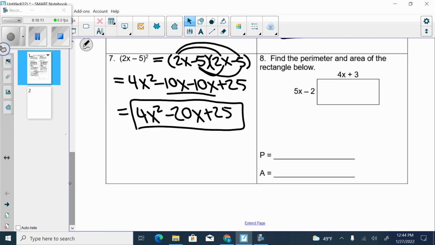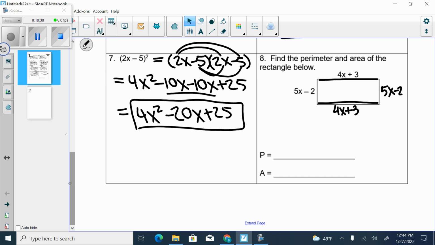Last one. This one says to find the perimeter and the area for this figure. Okay, so how did we say we found perimeter? Add up all the sides. Good. Okay, well, if this side is 4x plus 3, what's this side? Good. Which would mean this other end down here must also be right.